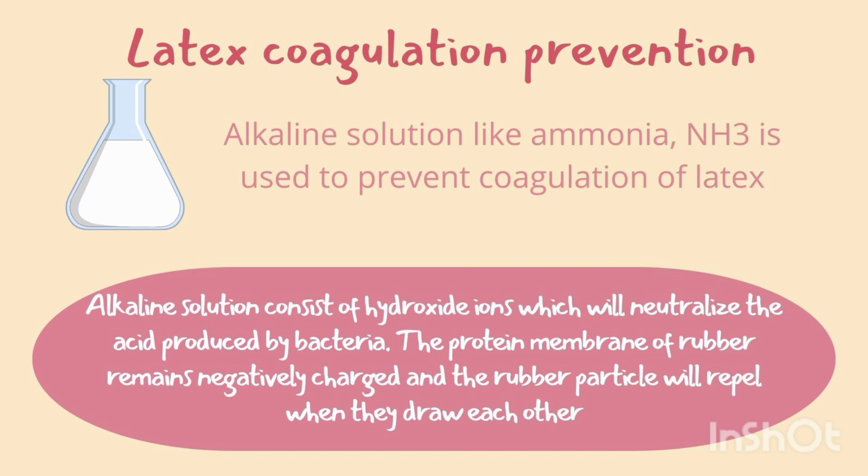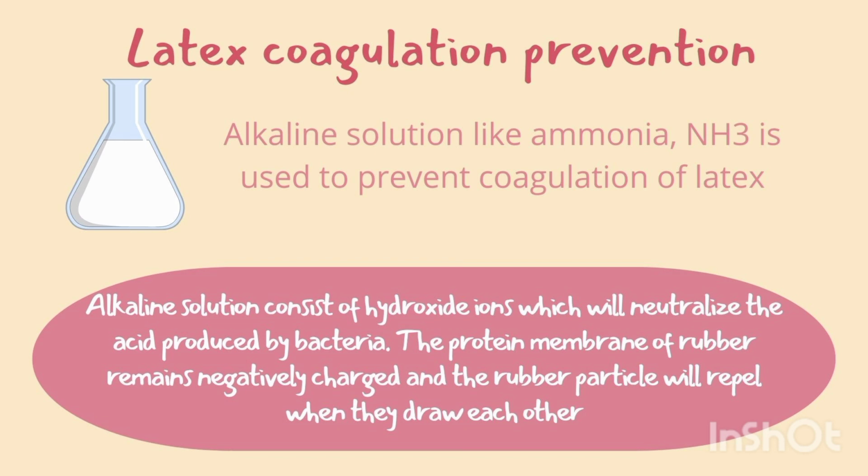Latex coagulation prevention. Commonly you use an alkaline solution to make sure that latex coagulation will not happen. An alkaline solution like ammonia is used to prevent coagulation of latex. Why do we use an alkaline solution to prevent the coagulation of latex? Well, an alkaline solution consists of hydroxide ions, which will neutralize the acid produced by bacteria.